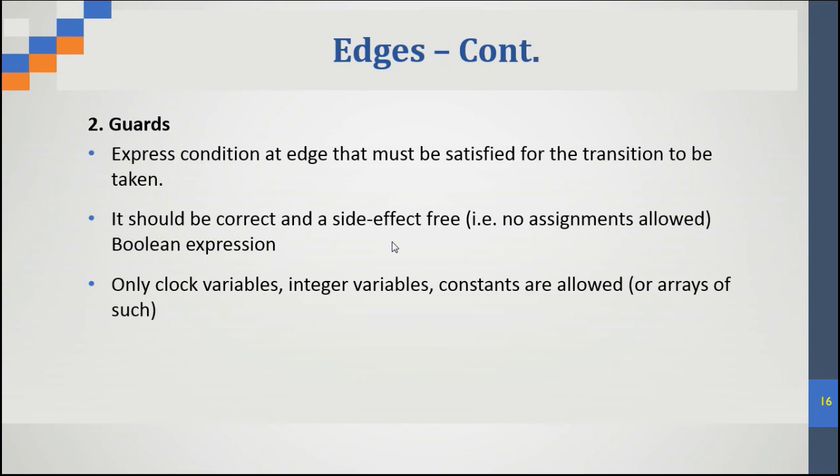There is no assignment value there. The value of this guard is boolean, so there is no effect on other variables. What types of elements can be used? We can use clocks, integers, and also constants.